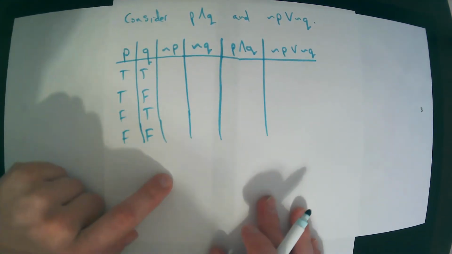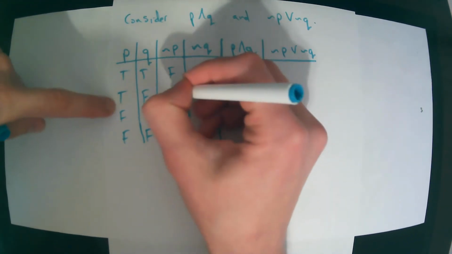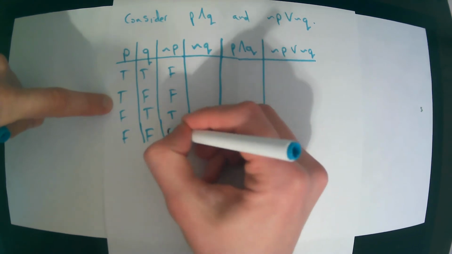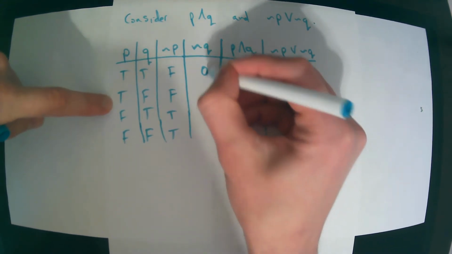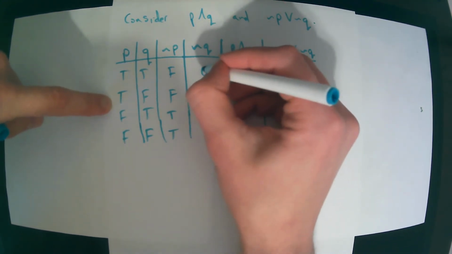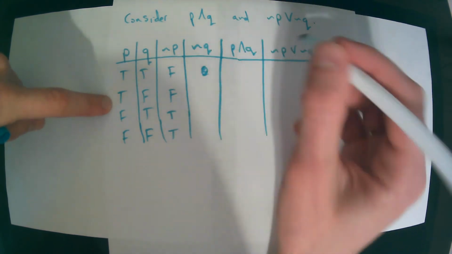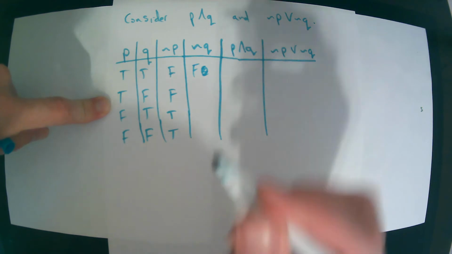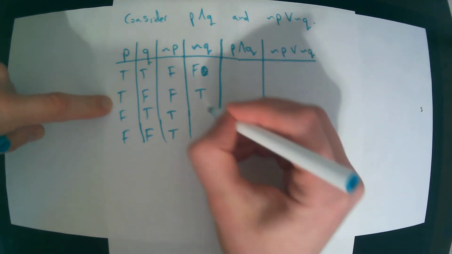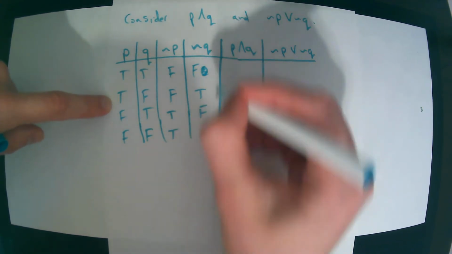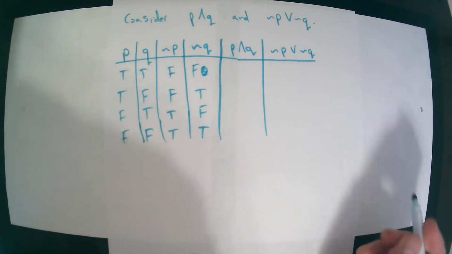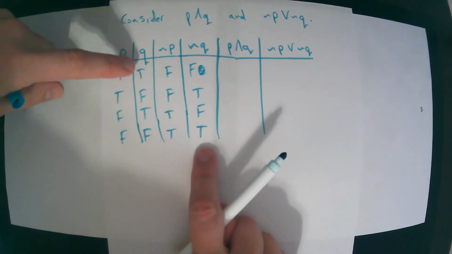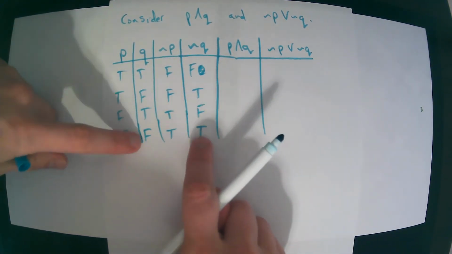Now let's negate P just by flipping all these truth values. Oh my gosh, sorry, I was thinking of something else, binary stuff. Because true, false can be thought of as zeros and ones. My brain was going off on a tangent about that, that's why I wrote a 0. Okay, so I've negated Q here, so false, true, good.